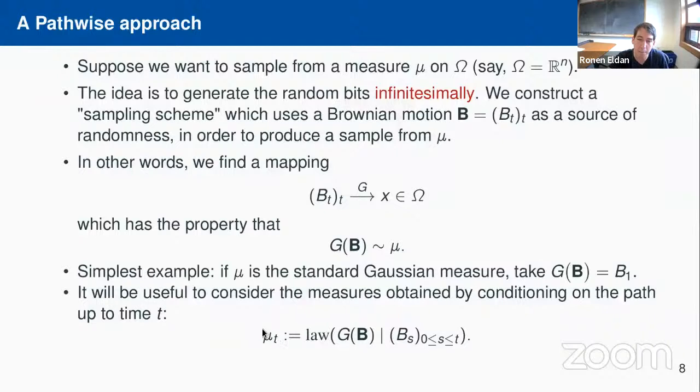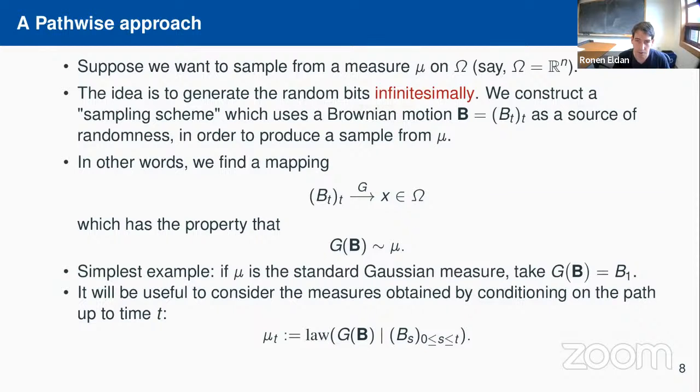So this is a family of measures. It's a random family. At time 0, we condition on nothing, so we simply have the measure mu. At time infinity, we already know what the point is, so we just have a Dirac measure. And in between, we have some kind of interpolation between the measure mu and some Dirac measure. So think about a process that keeps focusing, zooming in until it gets to one point.